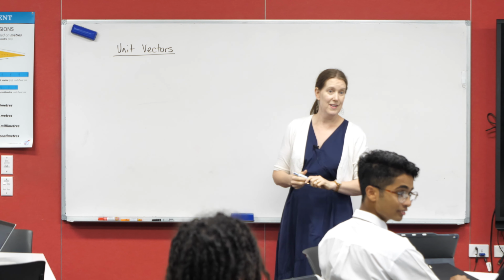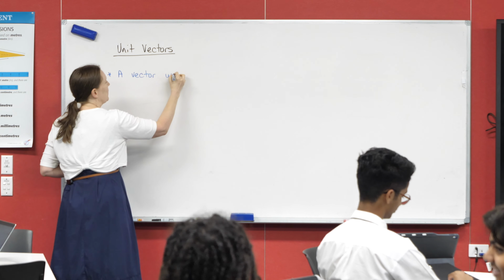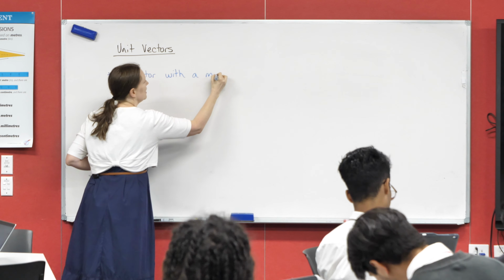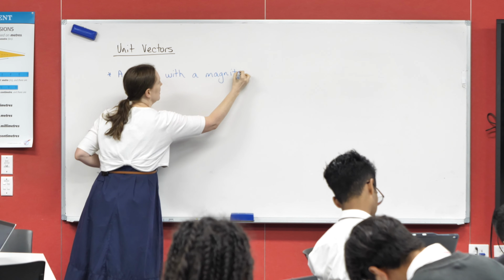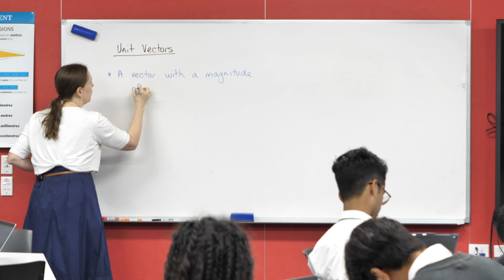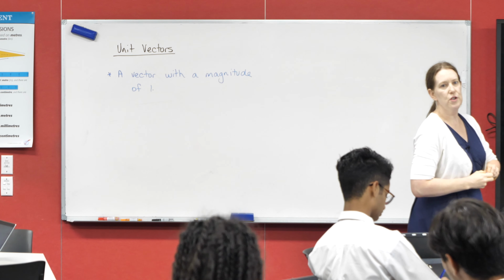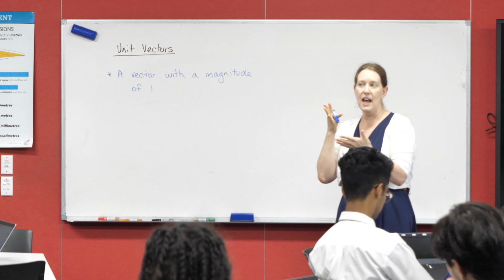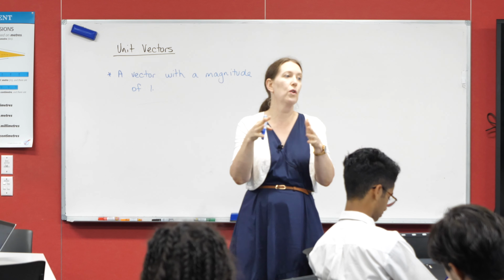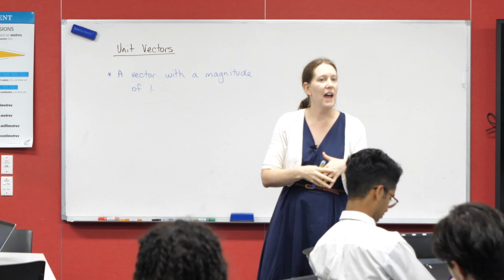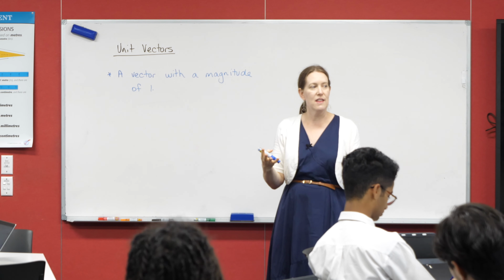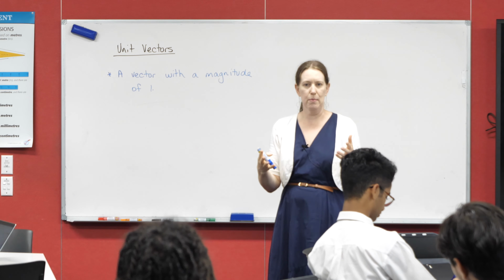Good. It's a vector, Aiden, with a magnitude of 1. The beautiful thing about the magnitude of 1 is that it can let us do lots and lots of multiples without really changing the magnitude of what we're multiplying by.